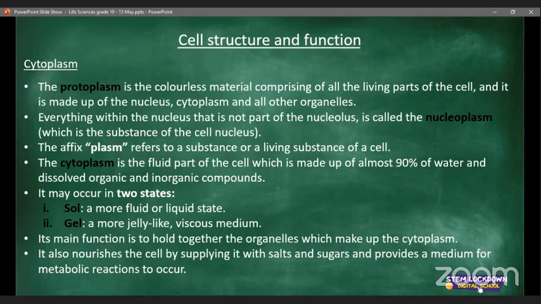The protoplasm is the colorless material comprising of all the living parts of the cell, and it is made up of the nucleus, cytoplasm, and other organelles. As you guys see, the term is in bold black, so take note of that.